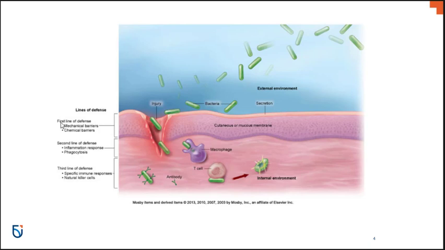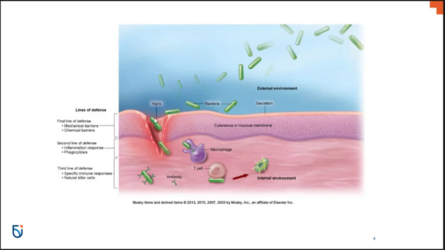And the third includes the adaptive immune response and the innate defenses offered by, in particular, natural killer cells. Of course, tumor cells that arise within the body are not affected by the first 2 lines of defense, and so if our body develops cells that are abnormal within us, in other words, they didn't come from the outside, they developed within us, then they will be attacked, hopefully successfully, by our third line of defense.